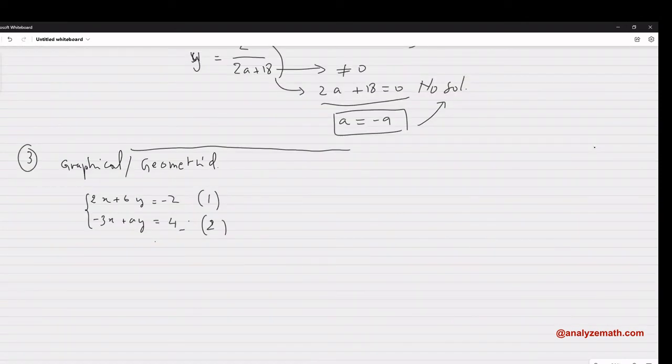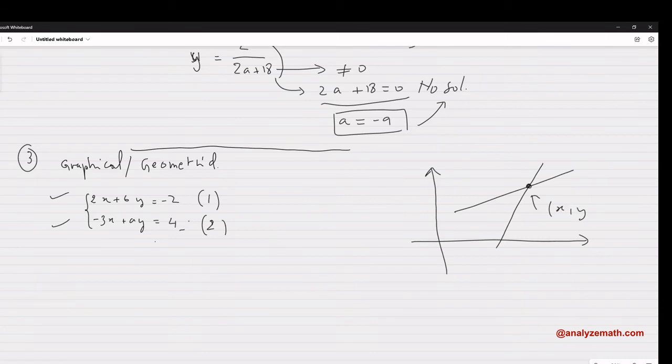The third method is a graphical or geometrical solution. We are going to use some analytical geometry. Now, when you have a 2 by 2 system of equations, when you graph each equation, they're going to give you a line. And the system will have a solution if the two lines intersect, and the point of intersection, xy, is in fact the solution to the system.